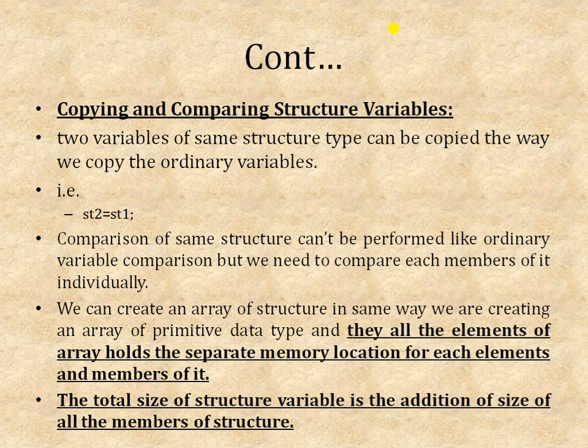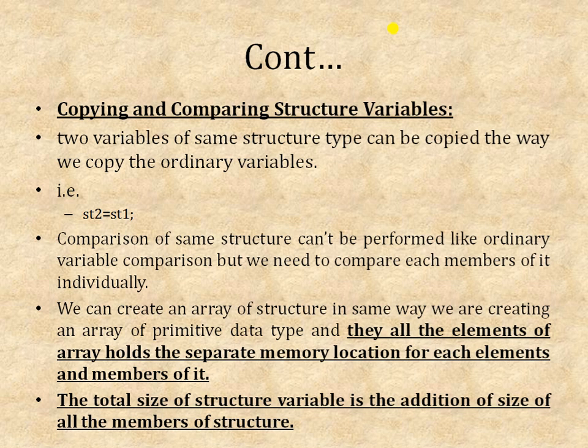We can create an array of structure in the same way we are creating an array of primitive data, right? All the elements of array hold separate memory locations for each element and members of it. For example, if I would like to create an array of integer, I will write int a[10].